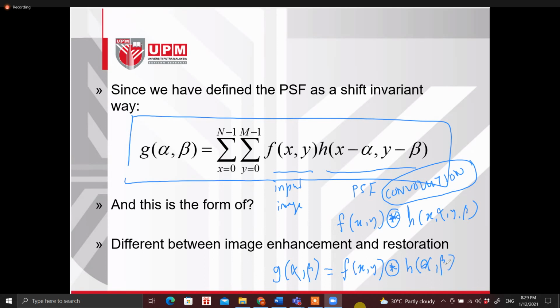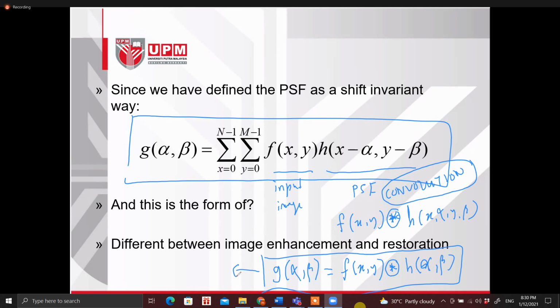Okay, so this is what eventually we are going to use, because this particular convolution can further be simplified. You see, we started from a general theory of image propagation and so on.